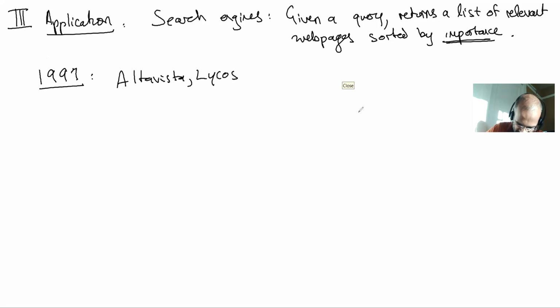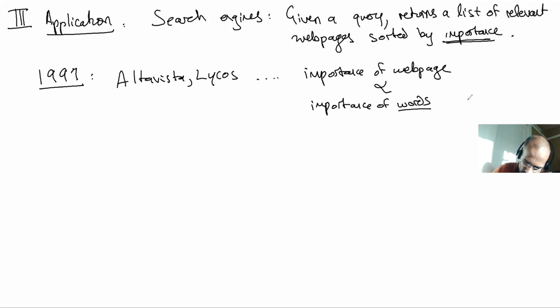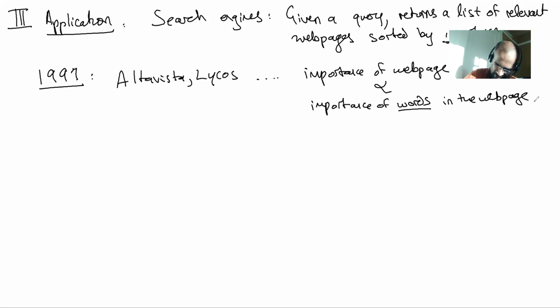Anyway, they were based on the idea that the importance of a web page should be proportional to the importance of the words in the web page. I don't know if anyone was using the internet back then, but the results you got from this approach were considerably worse.